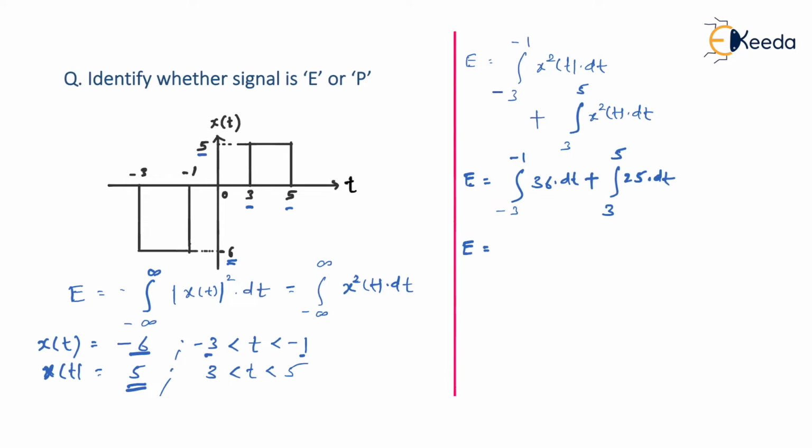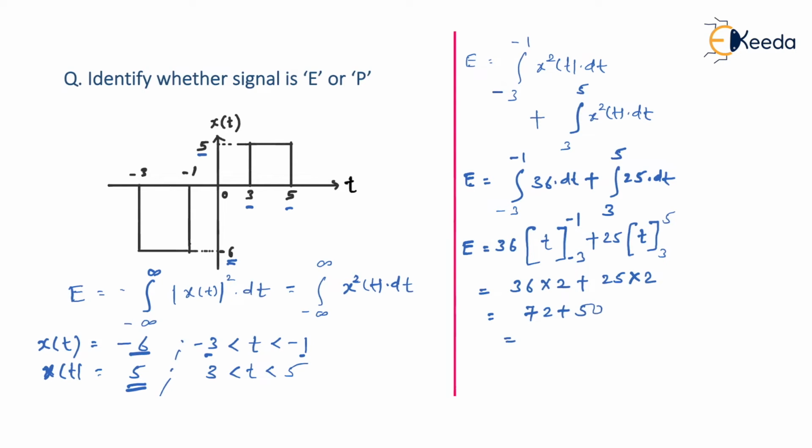Taking constants out, 36 is a constant, so the integration becomes t, lower limit minus 3, upper limit minus 1, plus 25 is a constant, integration is t, lower limit 3, upper limit 5. So it becomes 36 into 2 plus 25 into 2. So it becomes 72 plus 50. It is 122 joules.